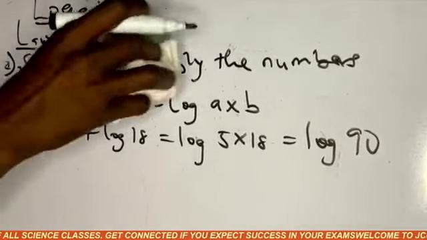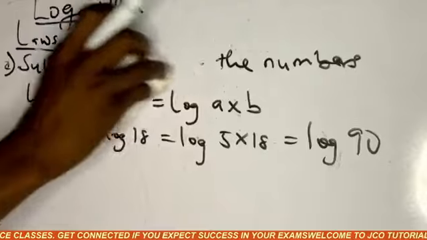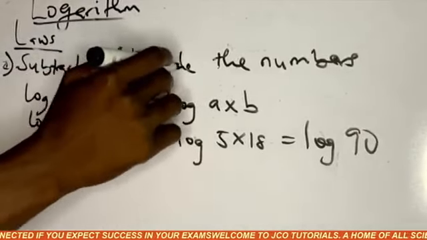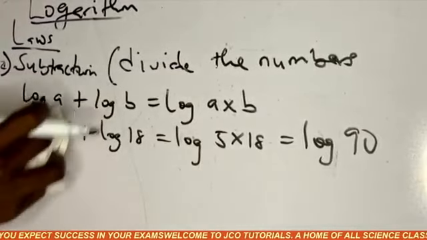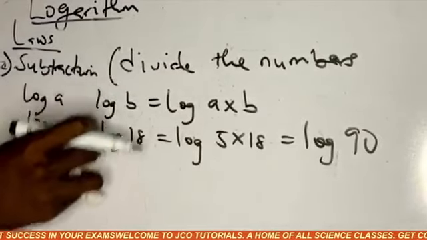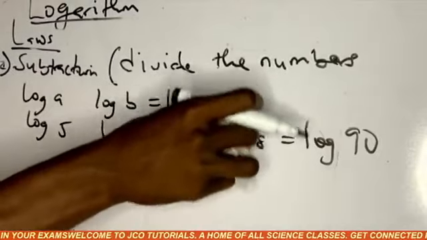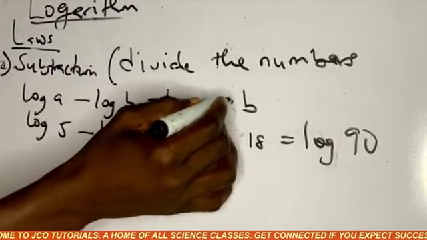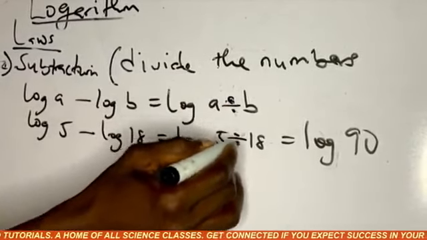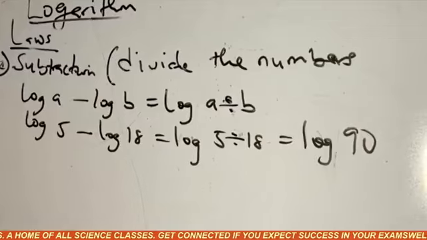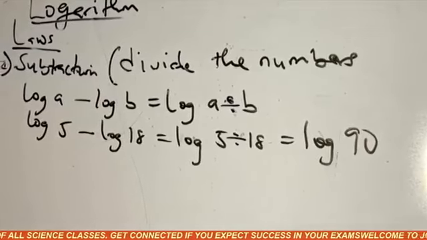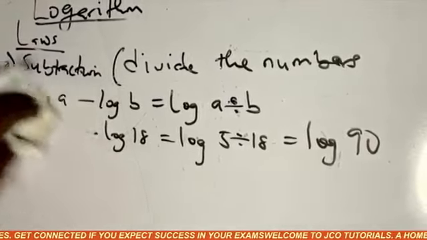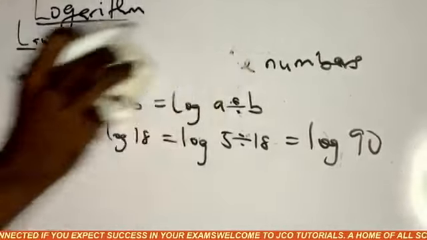In this case, instead of multiplying the numbers, you divide the numbers. So if the logarithm is being subtracted, I'll simply put division of the numbers. You see, it has taken one logarithm as the solution. So this is how you deal with the subtraction law of logarithm.